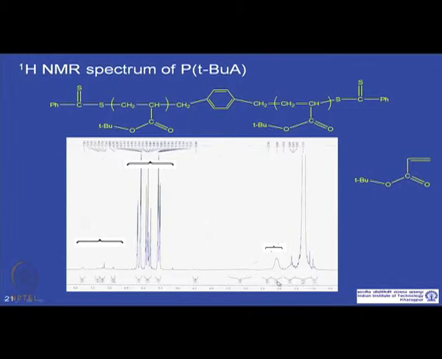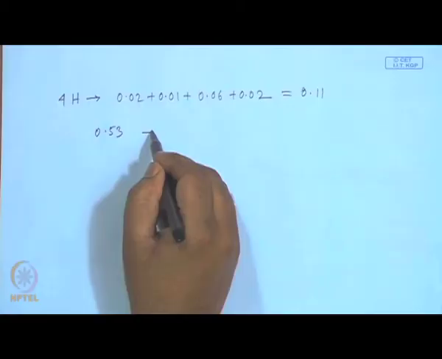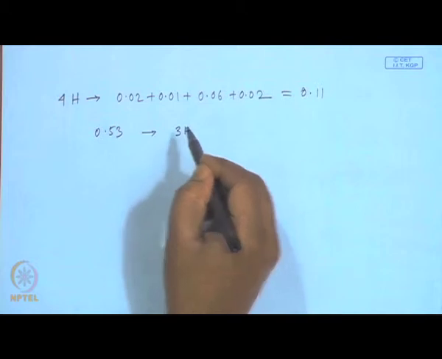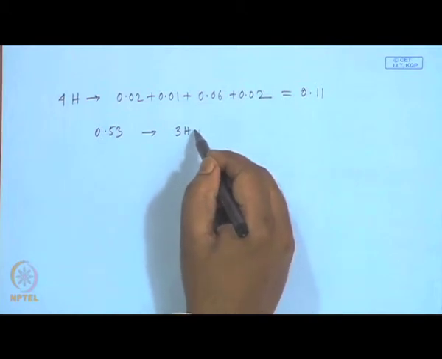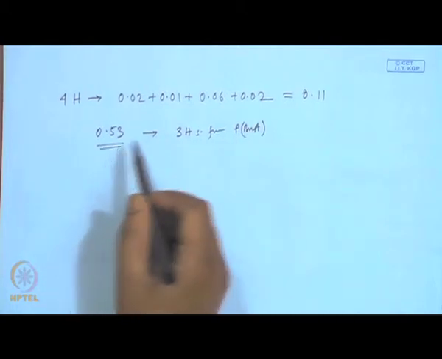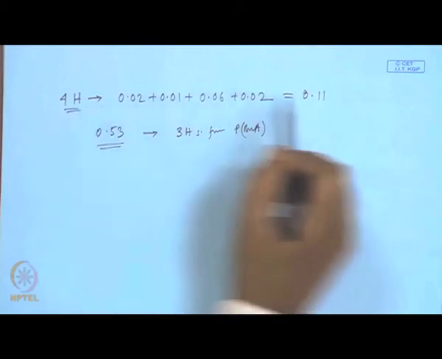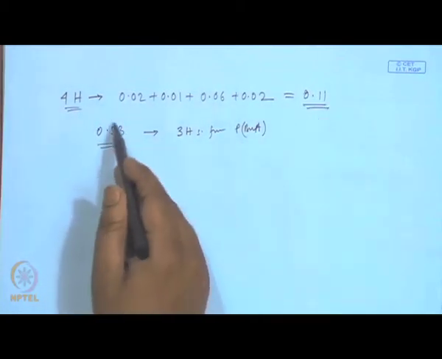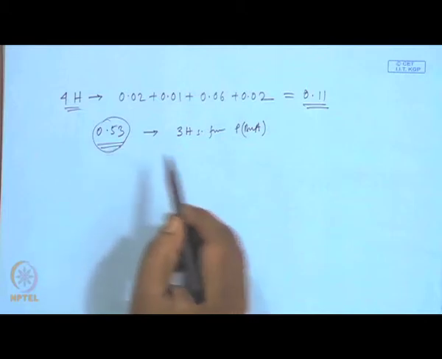Now, this 0.53 is from these 3 hydrogens of the poly tertiary butyl acrylate block. So, that corresponds to 3 hydrogens from the poly tertiary butyl acrylate block.